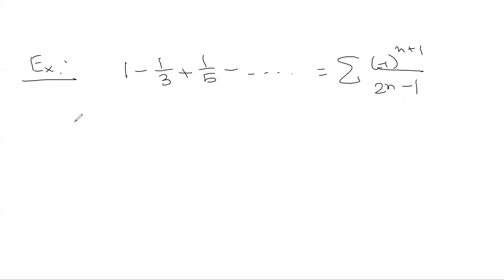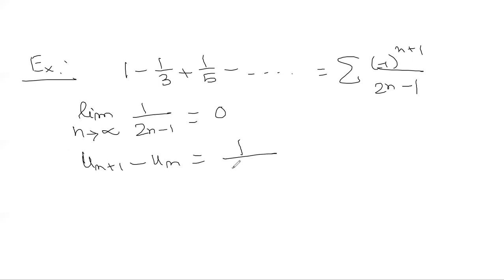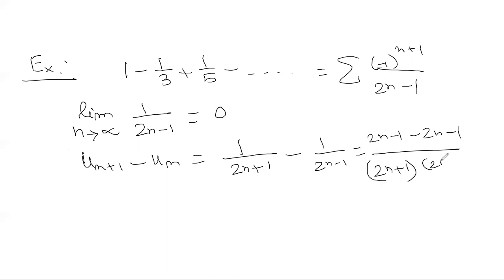Let us check its convergence first using the Leibniz test. 1 by 2n minus 1 tends to 0. About its being monotone decreasing, let us check un plus 1 minus un. It is 1 by 2n plus 1 minus 1 by 2n minus 1, which equals minus 2 divided by 2n plus 1 into 2n minus 1, which is always less than 0.